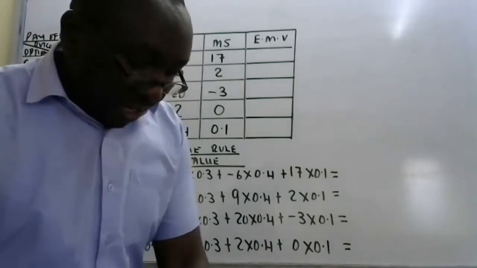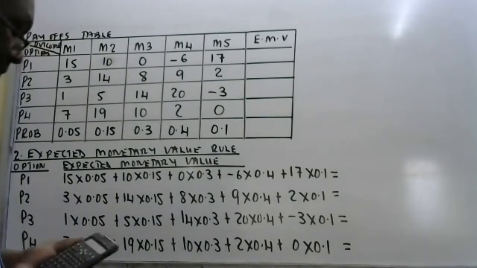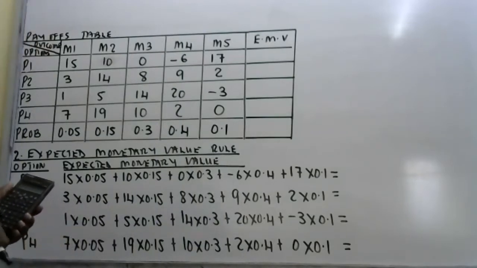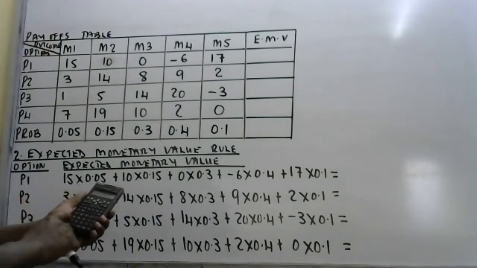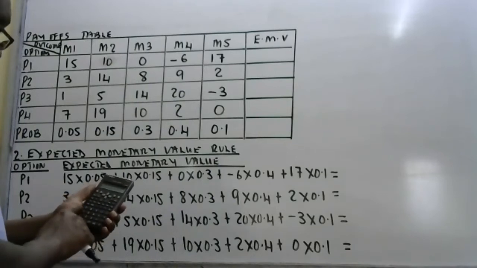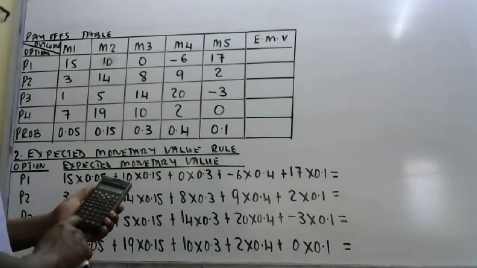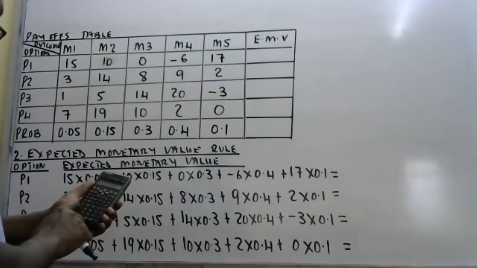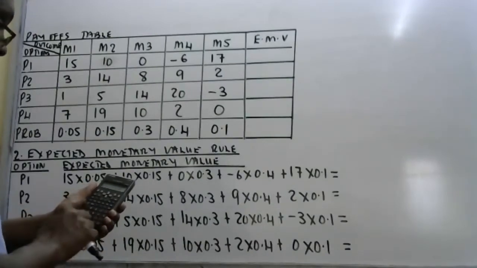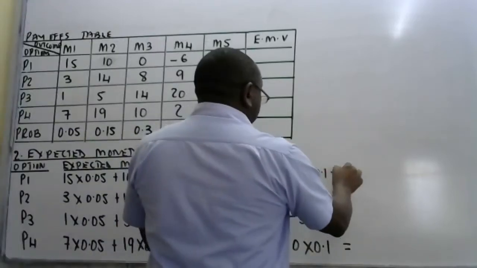So now you take your calculator and multiply. You can be giving me some figures. That is 15 times 0.05 plus 10 times 0.15 plus 0 times 0.3 plus minus 6 times 0.4 plus 17 times 0.1. I'm getting 1.55.